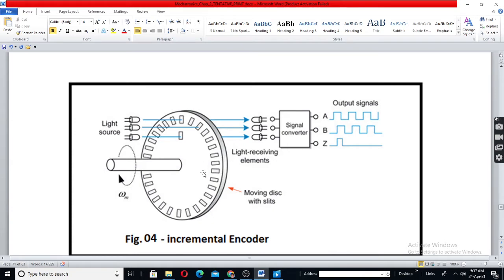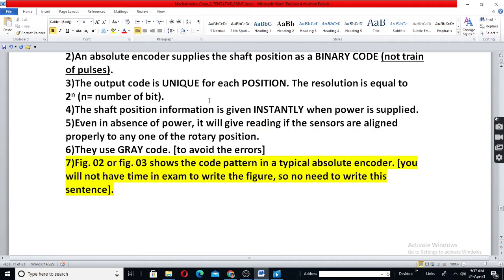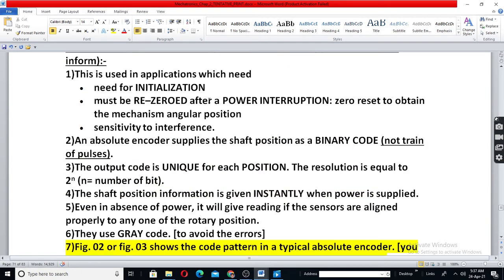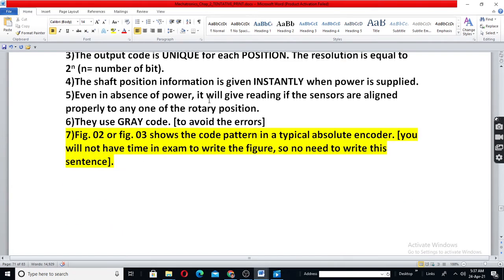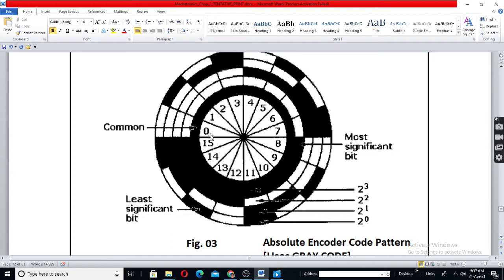Okay. Now that is called as absolute encoder. In absolute encoder, the position of shaft is determined by the unique pattern. The pattern itself defines that 0, 1, 2, 3, like this.